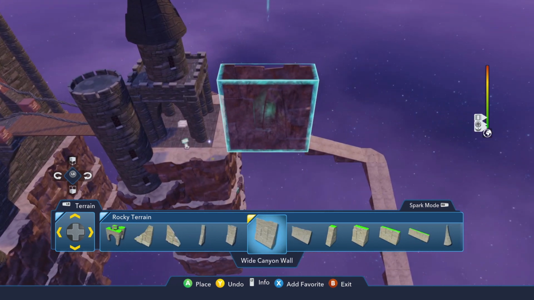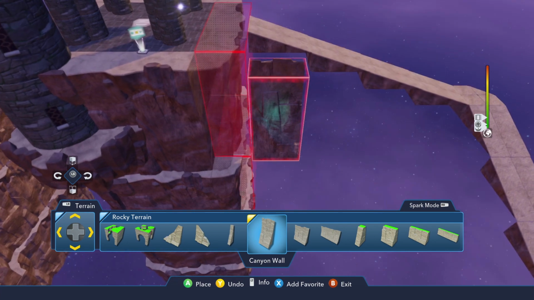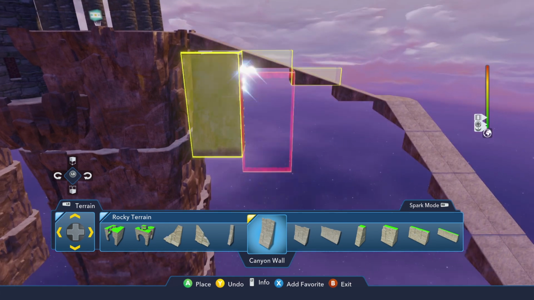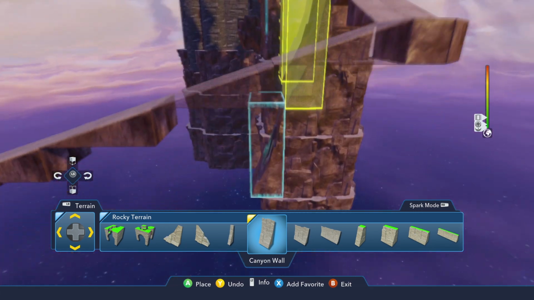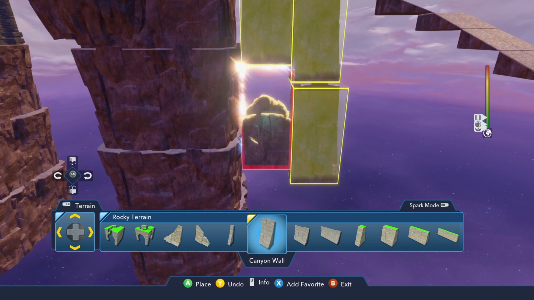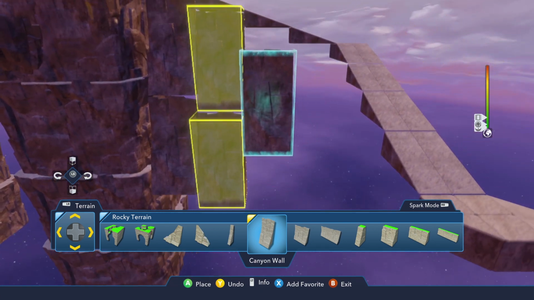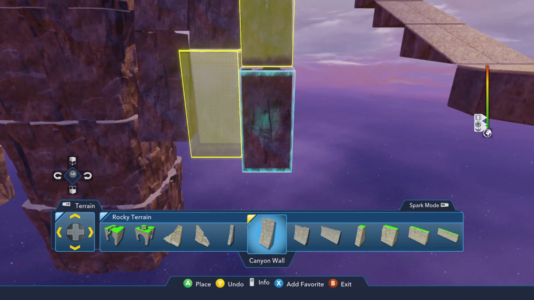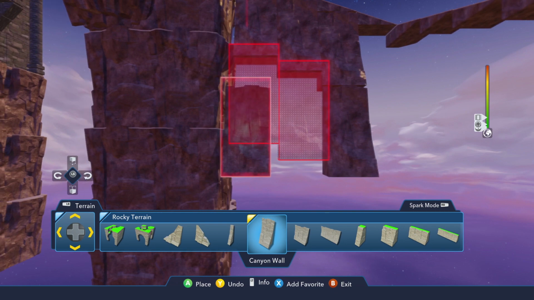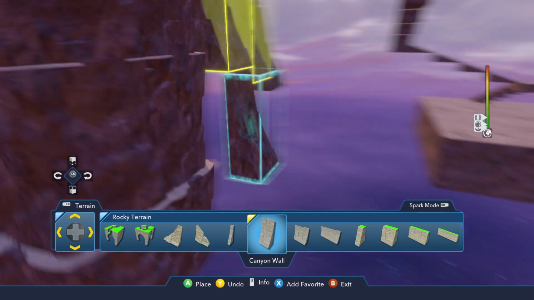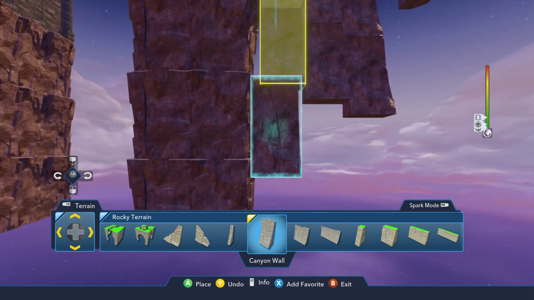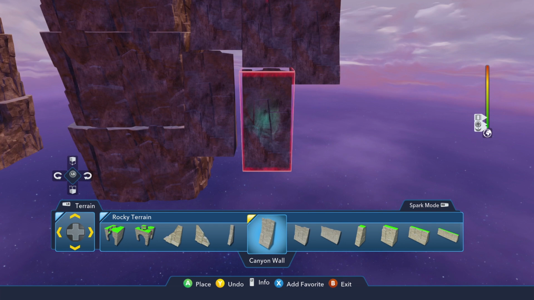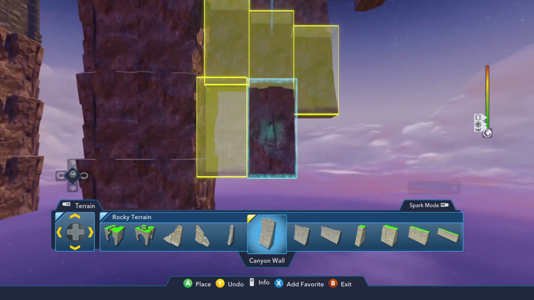But anyway, going to go with these canyon walls. Keep in mind where you put those. You put those right underneath the edge of the ramp block. And we're going to weave these things in like putting shingles on a roof, or making some kind of arts and crafts thing. Braid. We're going to braid them in. Yeah, and I got to back out because I put that in the wrong spot.